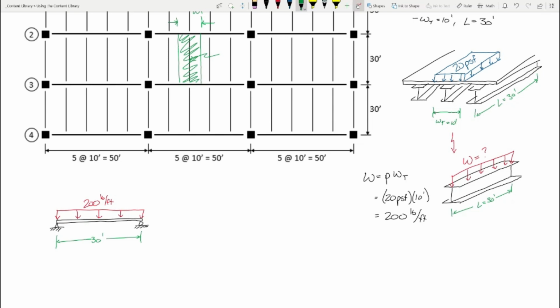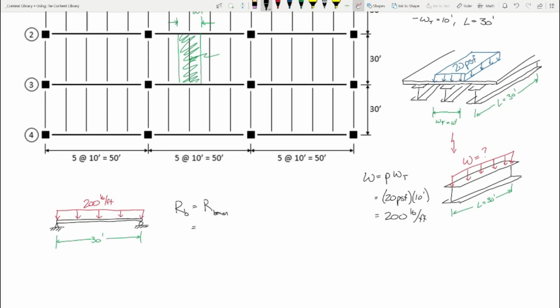Okay? Now, I do want to ask a couple questions about this. So, first thing I want to ask is, what is the reaction? I'm going to call this reaction RB for the reaction for the beam, and you're going to see why in a second.